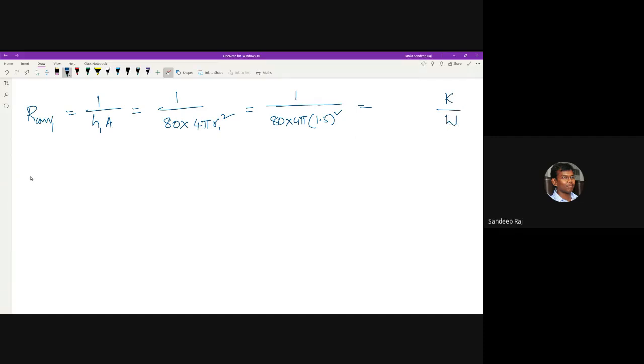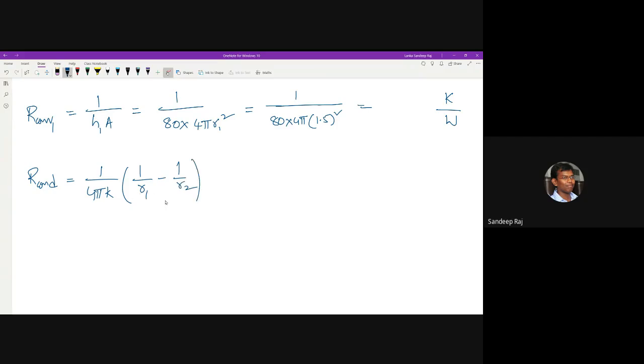So next you move on to the R conduction formula. What is the R conduction formula in case of a sphere? It is 1 by 4 pi k into 1 by R1 minus 1 by R2.